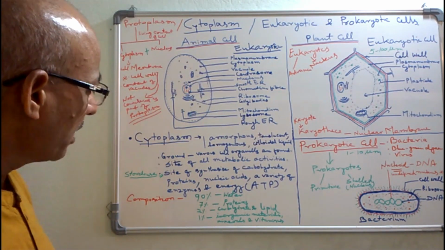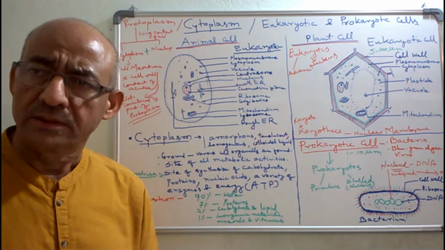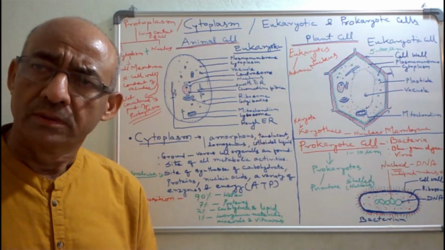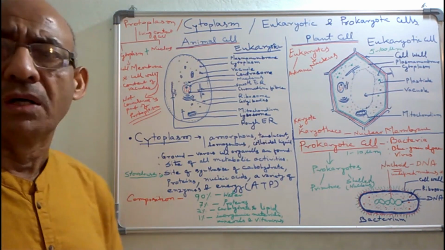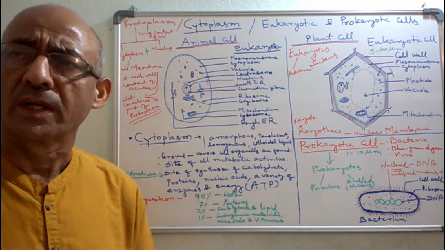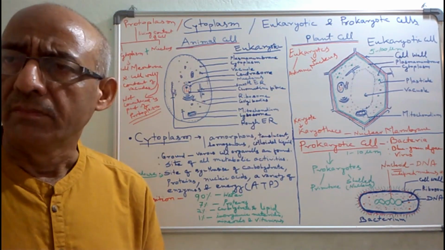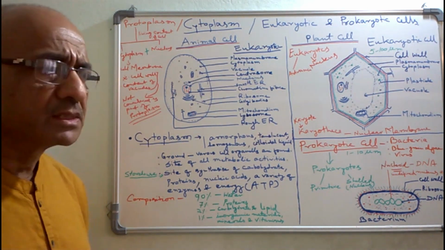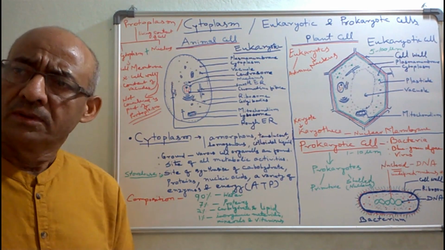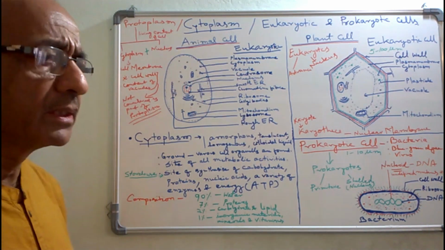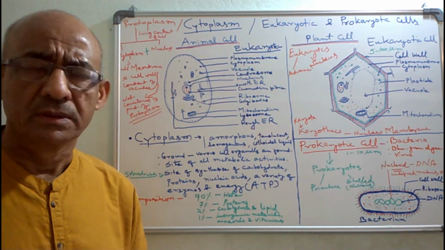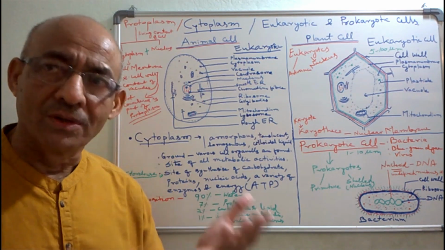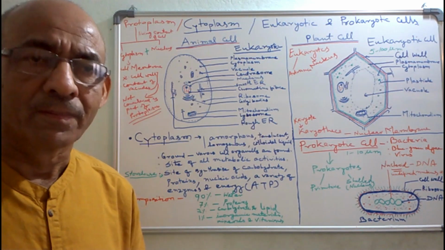And apart from this, this liquid serves as a storehouse for various types of organic and inorganic materials, and it is the site for the synthesis of various types of organic materials like carbohydrates, proteins, enzymes, and energy also in the form of ATP.